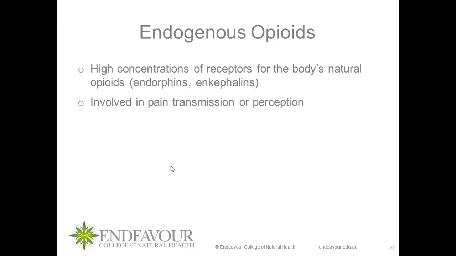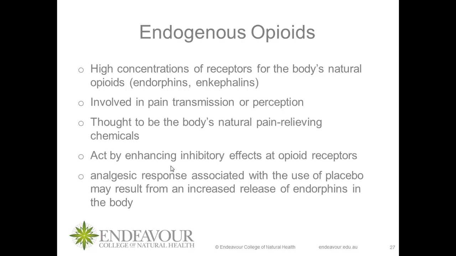So we have endorphins and enkephalins, which are peptides. These are your body's natural opioids, your body's natural process for blocking pain. So consider things that will raise the levels of your endogenous opioids and therefore help in pain transmission or perception.